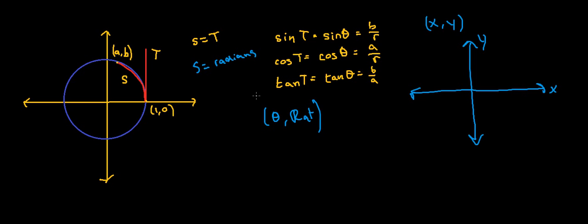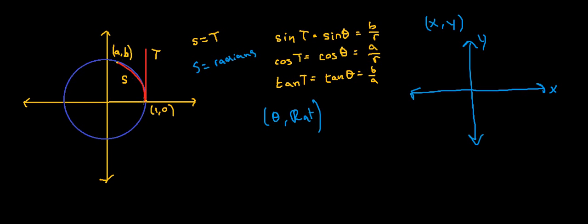The point here is to talk about the domain and range of trigonometric functions. As I said before, S is a sector of a circle, and T is that sector of the circle but stretched out. What I'm going to do is take T as my domain, because T is a distance along this circle.